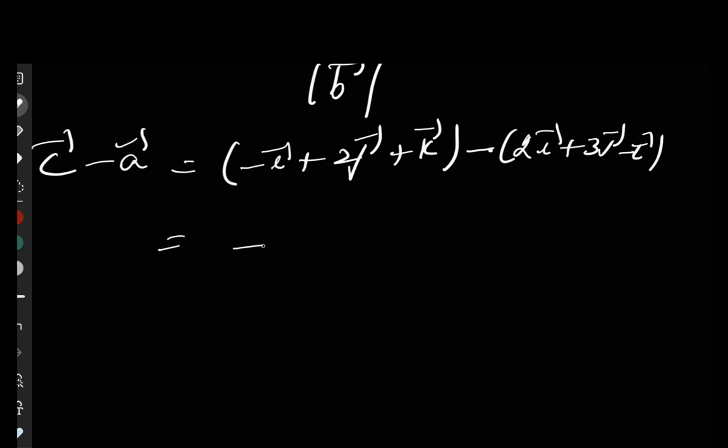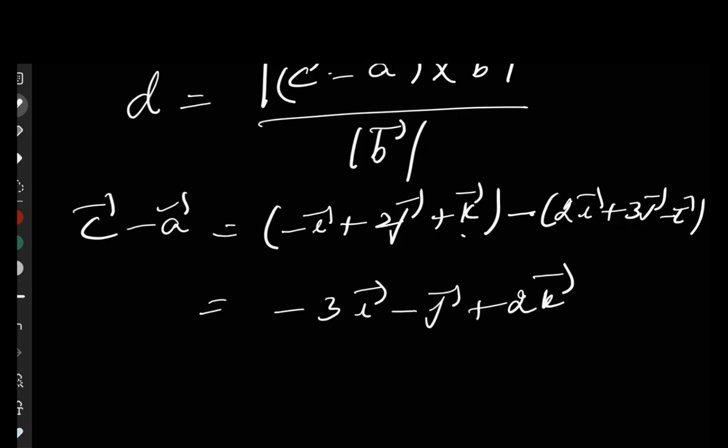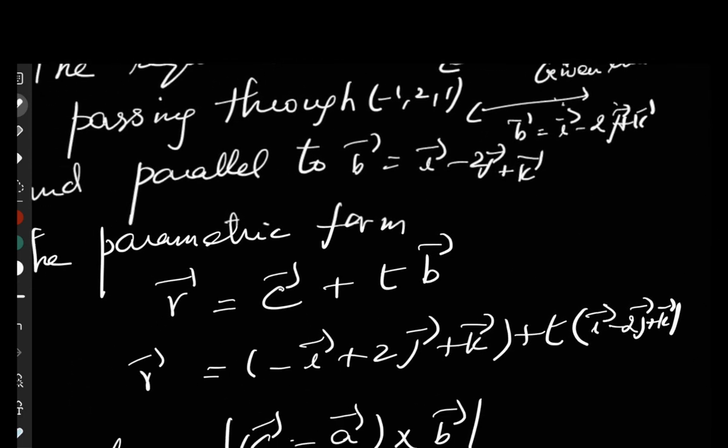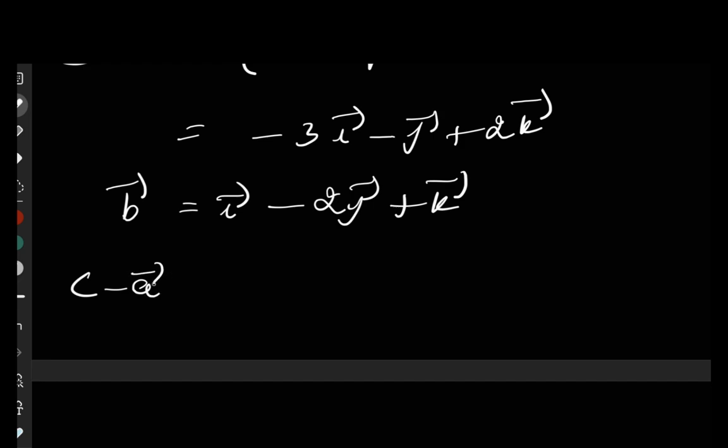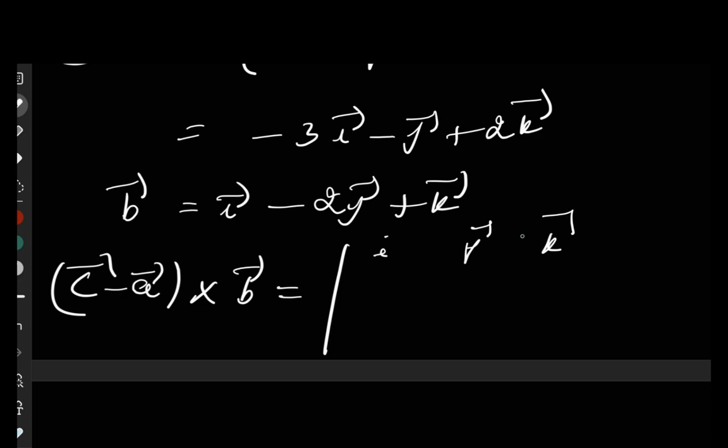So you subtract this, you will get minus 3i minus j plus 2k. Let me find the cross product. Vector B is i minus 2j plus k. Vector C minus A cross vector B is the determinant of i, j, k; minus 3, minus 1, 2; 1, minus 2, 1.